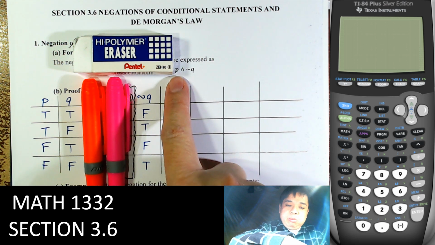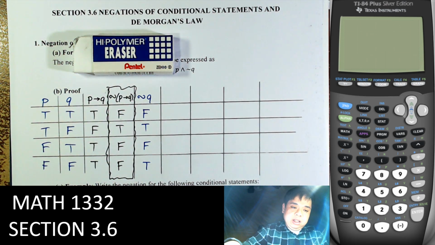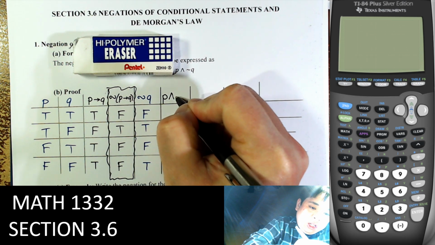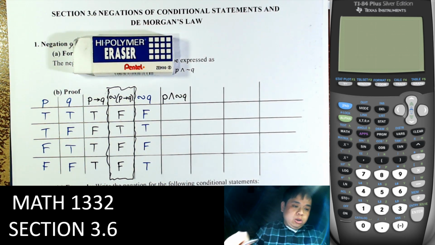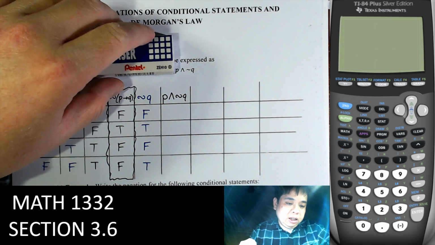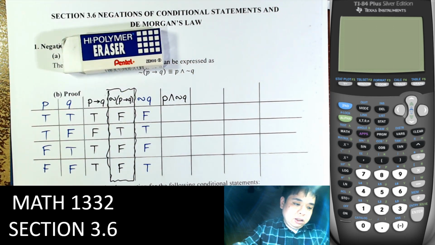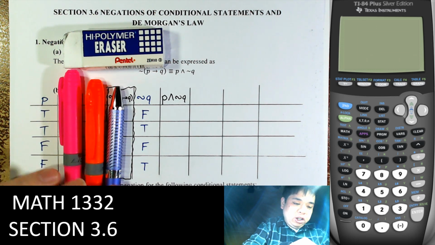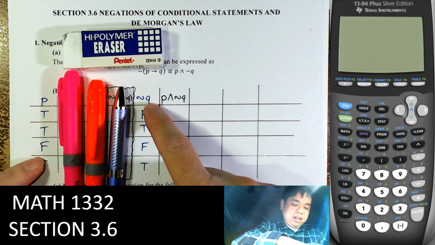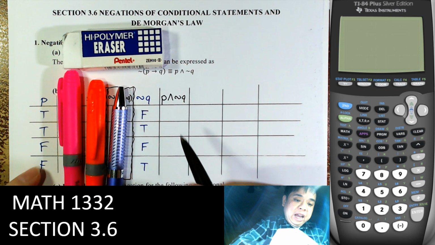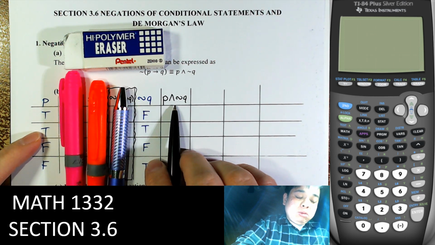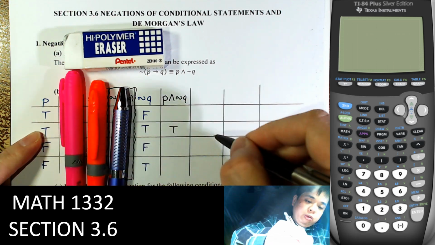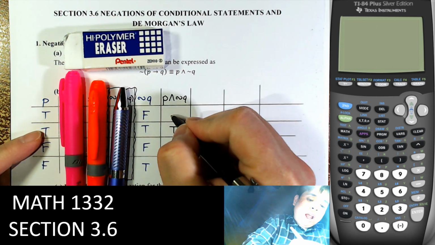Now we just do P and not Q. So that is P and this is not Q. This is an AND operation, so it is true only when both of them are true, and false everywhere else.